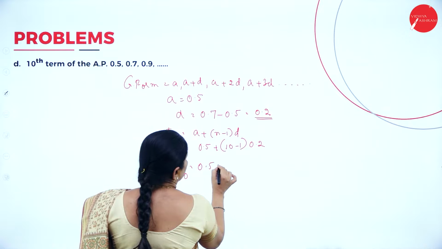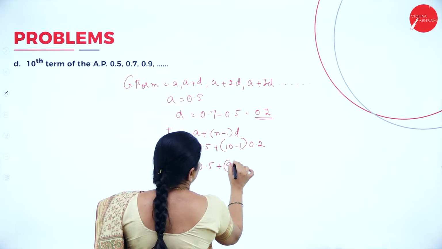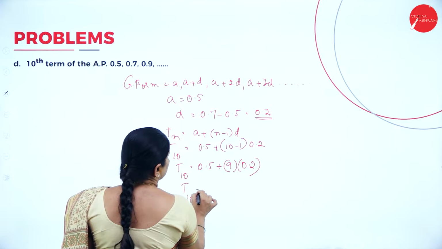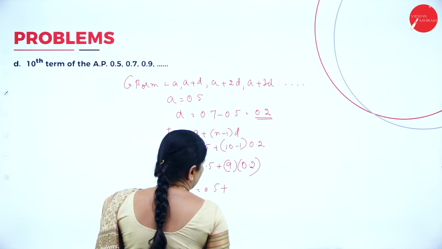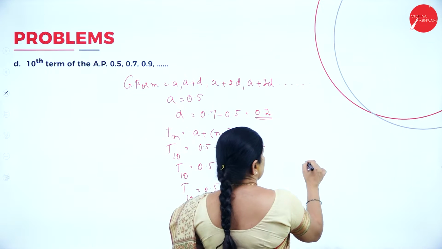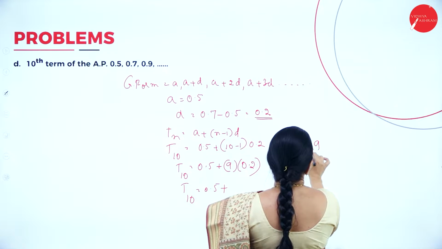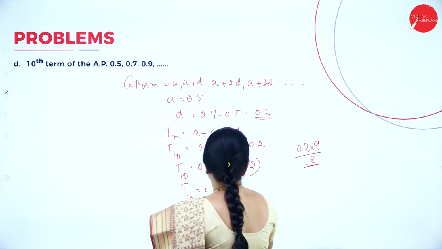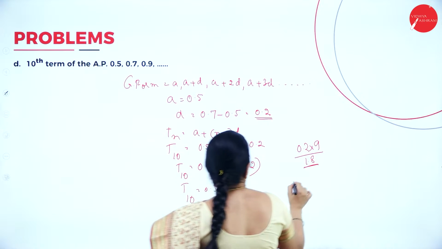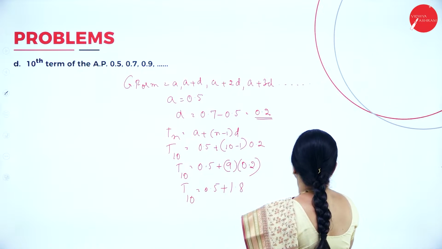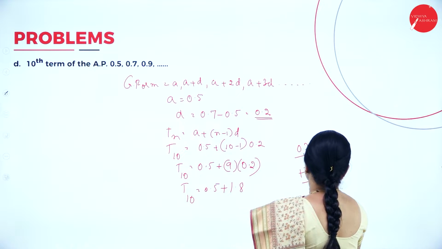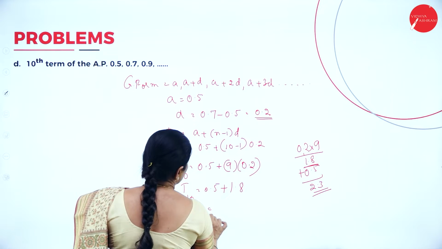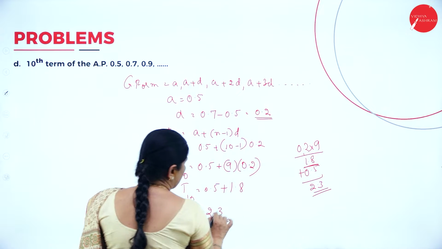So, 0.5 plus 9 into 0.2. 9 2s are 18, so 1.8. So 1.8 plus 0.5 is 2.3. So T10 will be equal to 2.3, which is the answer.